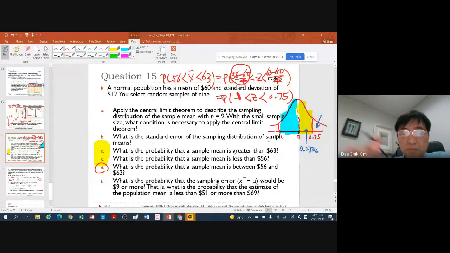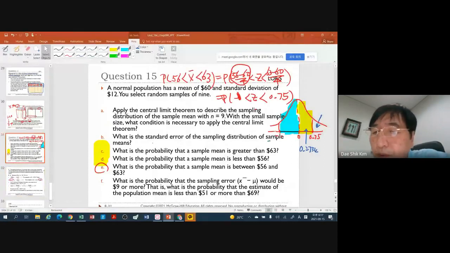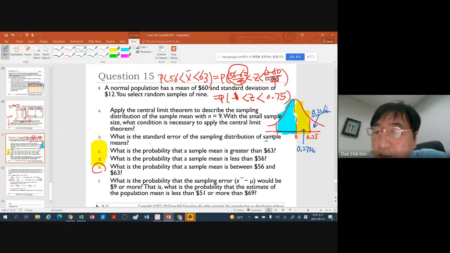This is part C. And 0.5 minus this one is 0.2266. This point, 0.2266. When you add these numbers, it is equal to 0.5.